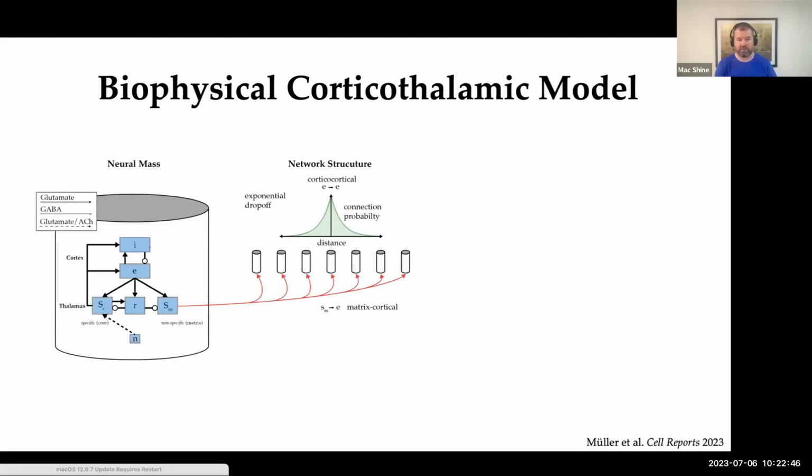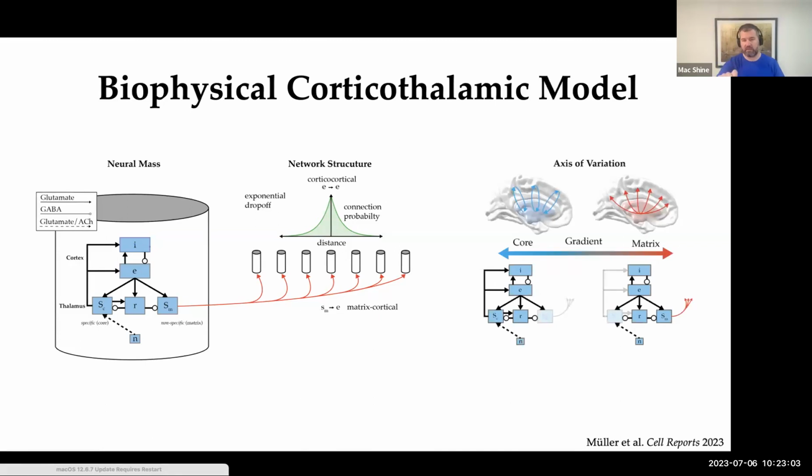What Eli essentially did was take that corticothalamic neural mass and split the thalamic population into two. One is the core-like projection that goes back up into the cortex, and the other is this matrix-like connection that spreads out and has this really interesting connection probability that drops off with distance.